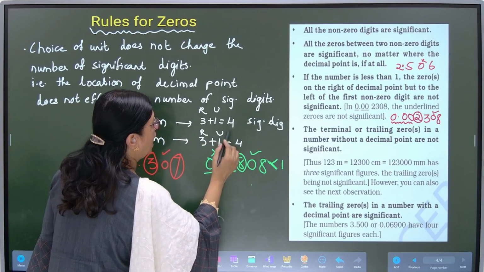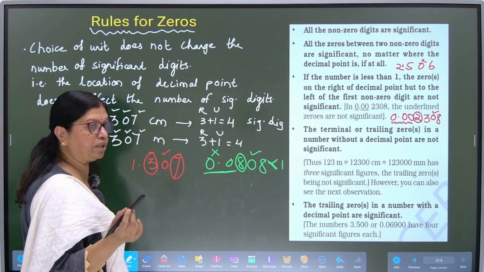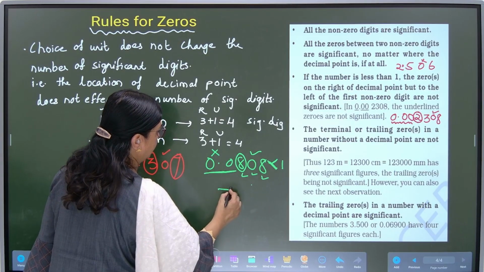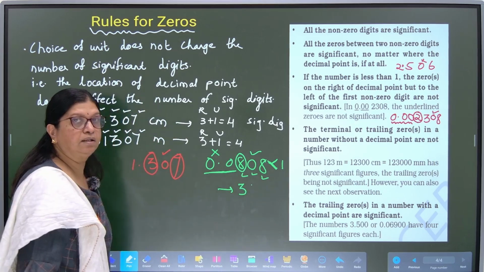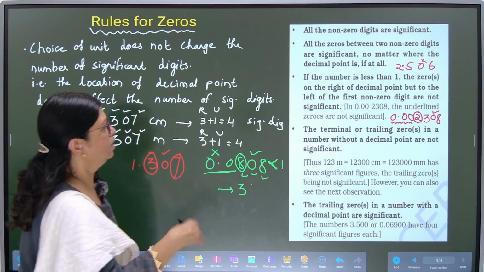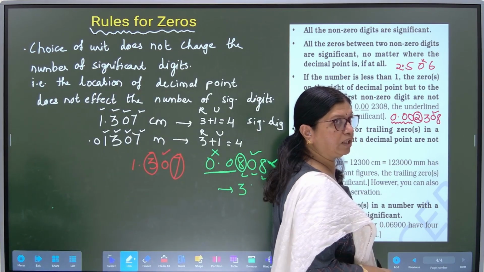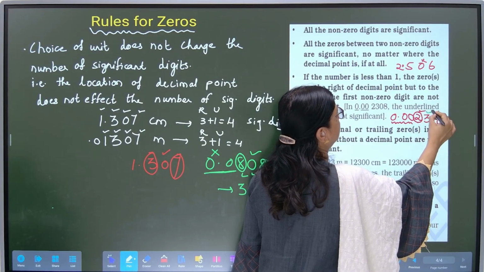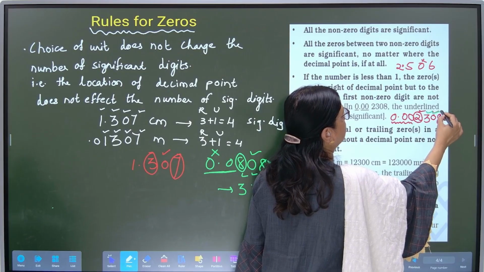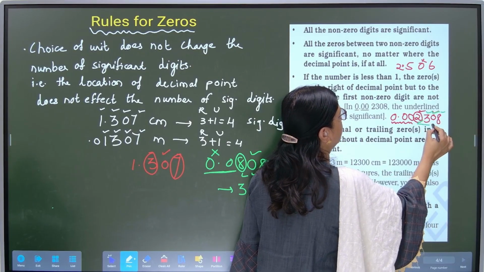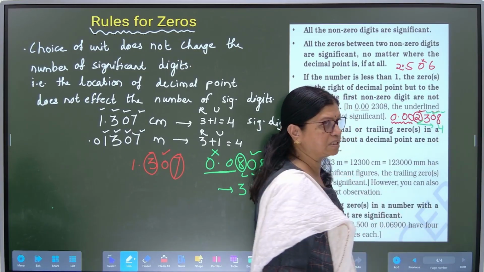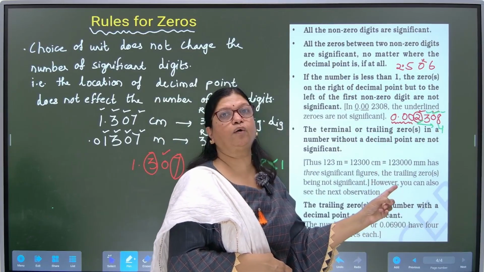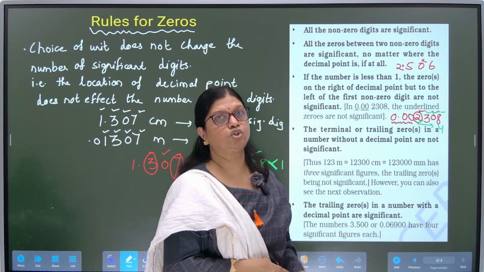So here I have in total how many significant digits? 1, 2, 3. My answer is 3 significant digits or figures. Here how many significant digits do I have? 4. Which are they? 2, 3, then 0, then 8. So 1, 2, 3, 4. My answer is 4 significant numbers, not considering the zeros in front of the first digit 2.